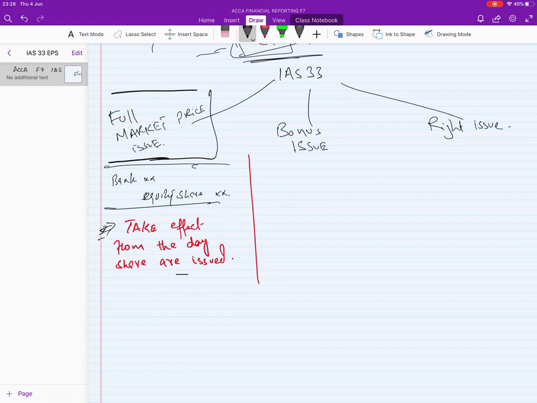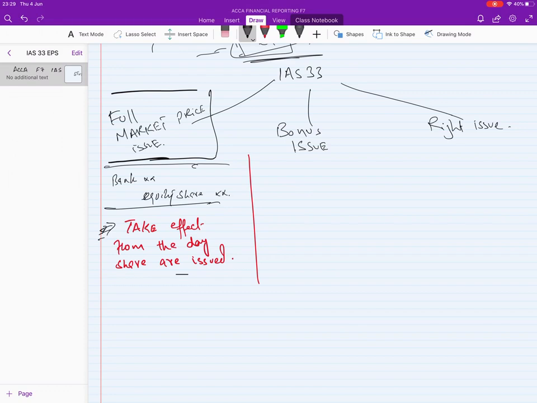So the company has already got the cash, so they can utilize it to earn more profit or make more investments. So you have to take effect from that day only, from the day the shares are issued.